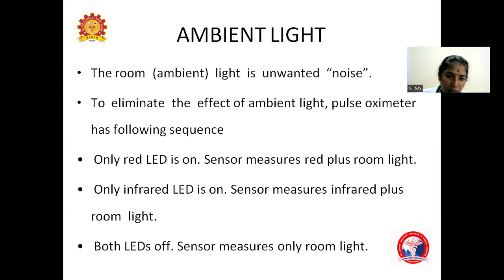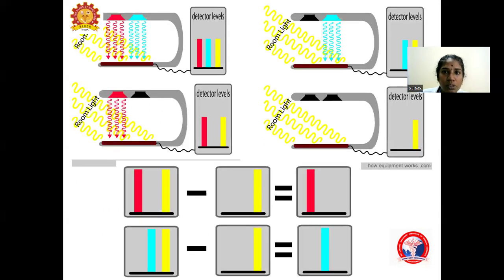If both LEDs are off, the sensor measures only the room light. So this is the pictorial representation of that.